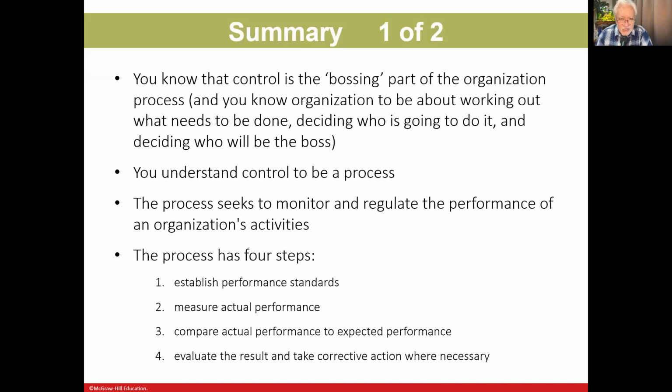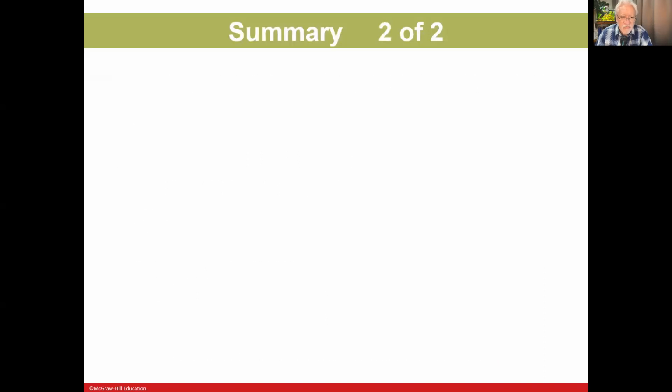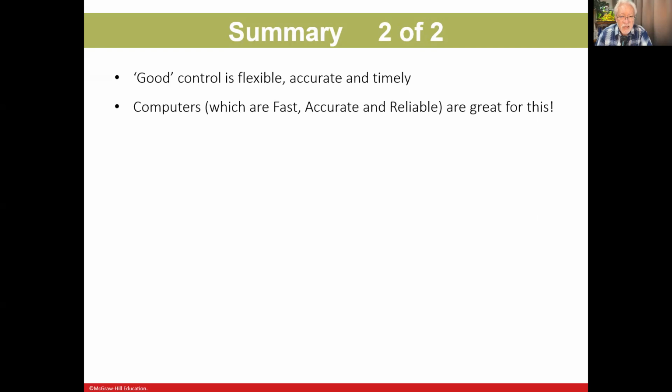If you have a performance standard, you can measure the performance against that standard and take action if there is a deviation which is outside of the adequate specification or the realistic expectation of what can be achieved. We would like it to be flexible, control that is, and accurate and timely, and computers are great for that.